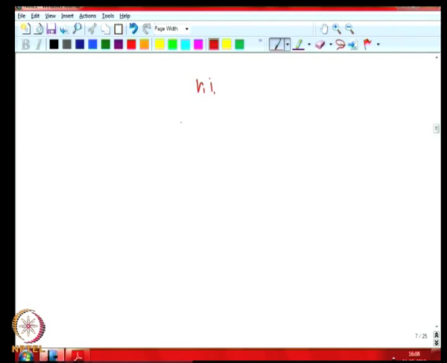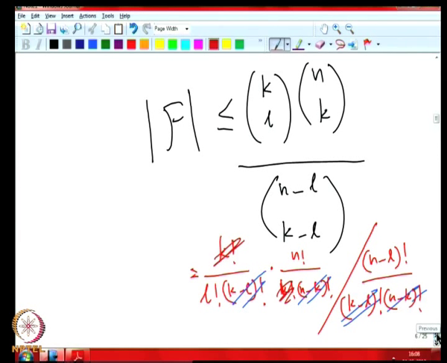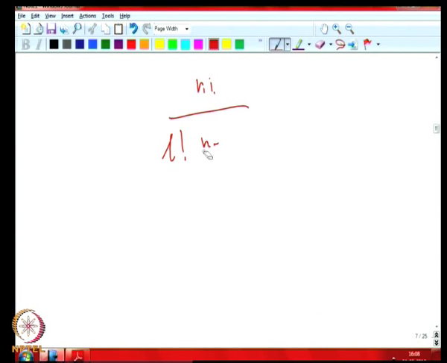In the numerator there is n minus k minus L factorial and n minus k factorial, and k minus L factorial and n minus k factorial in the denominator.